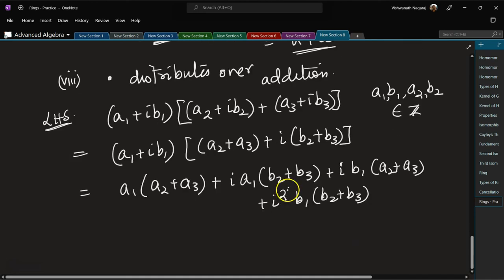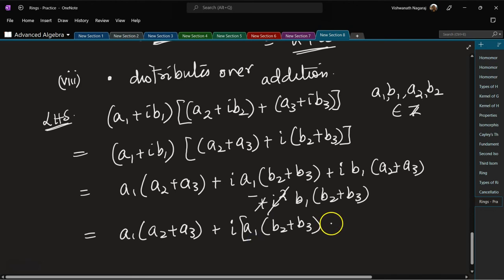Okay, and here i squared will convert this plus to minus. So finally we will end up with a1 times a2 plus a3, plus i times a1 times b2 plus b3, plus b1 times a2 plus a3, and finally minus b1 times b2 plus b3.